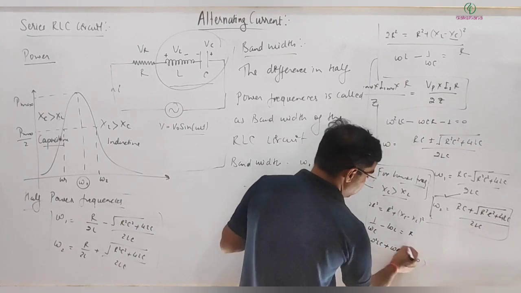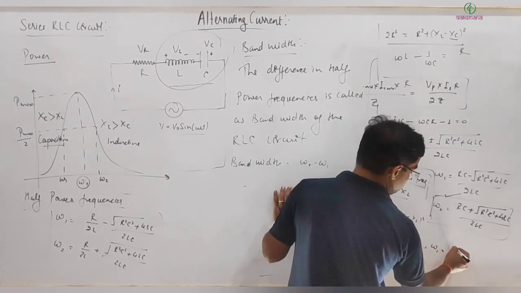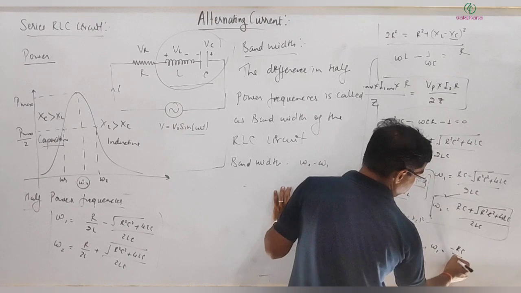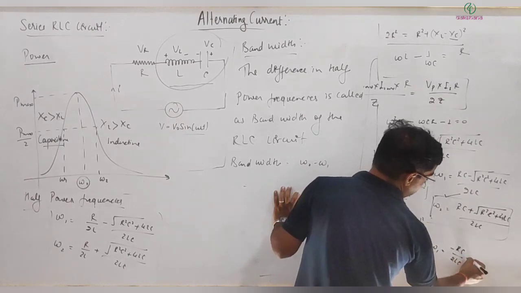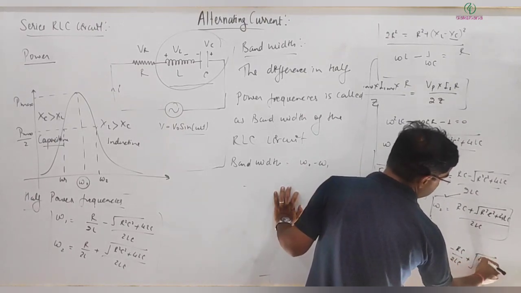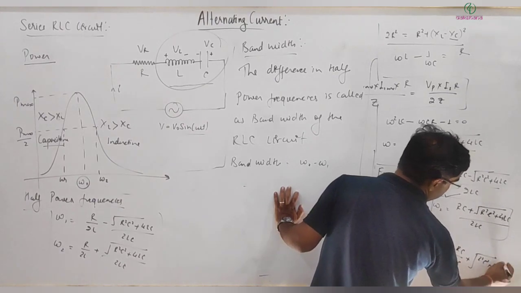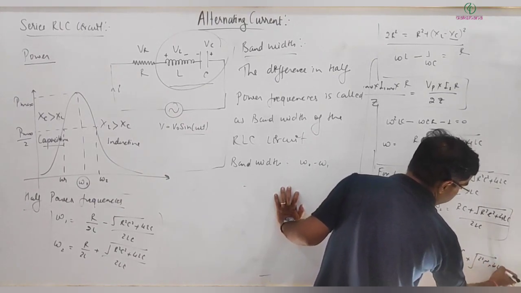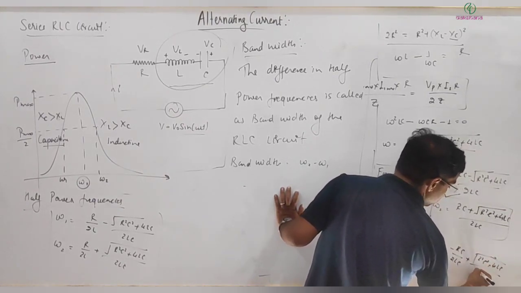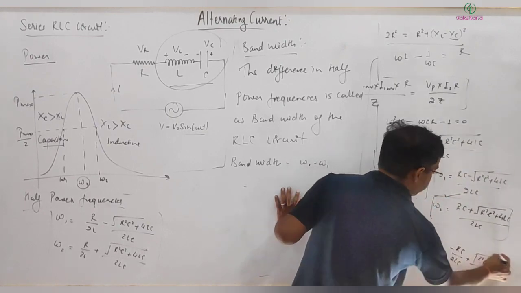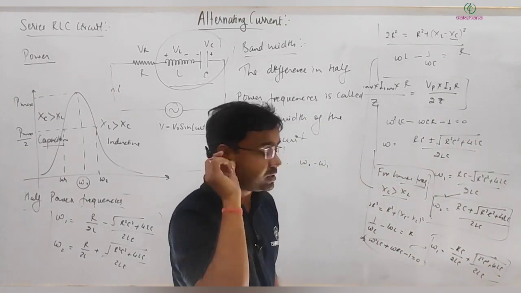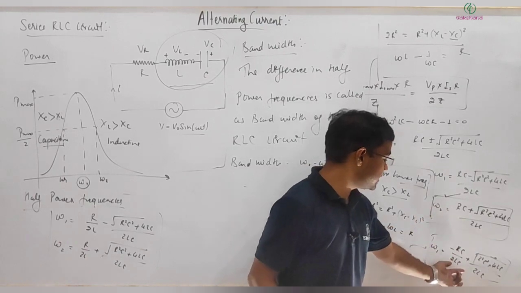Solving, omega 1 is equal to minus RC plus under root R square C square plus 4LC, divided by 2LC. Sorry, I made a small mistake, I missed something. So this is omega 2 and this is omega 1.